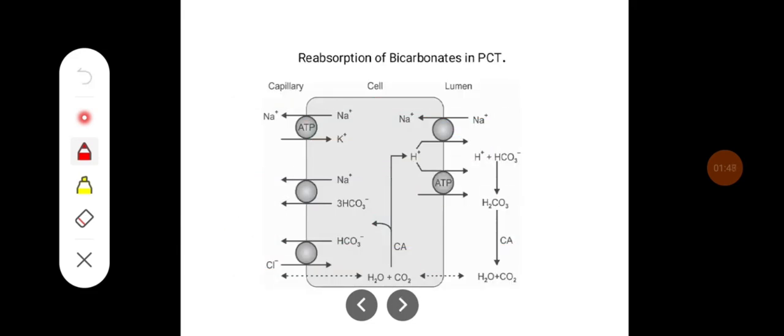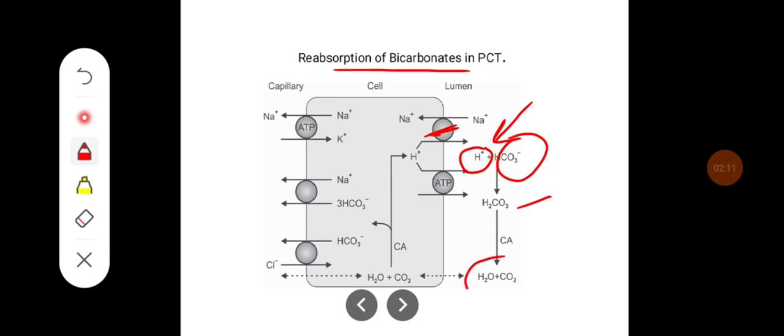So this is how the reabsorption of bicarbonate happens. There is active secretion of H plus ions through the sodium-hydrogen pump, and this H plus ion binds with a filtered bicarbonate to form carbonic acid, which forms water and carbon dioxide, and that is reabsorbed.